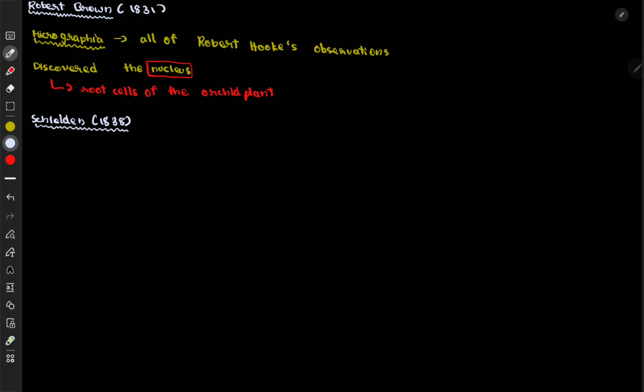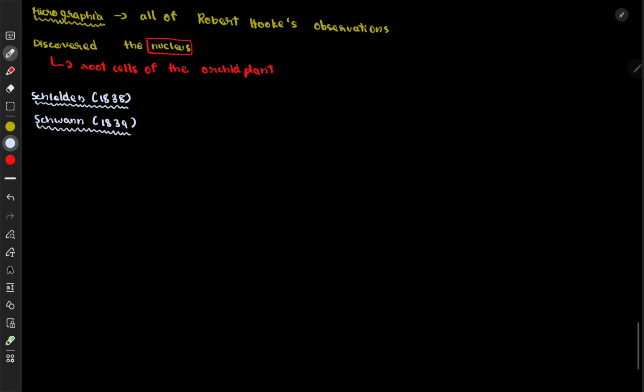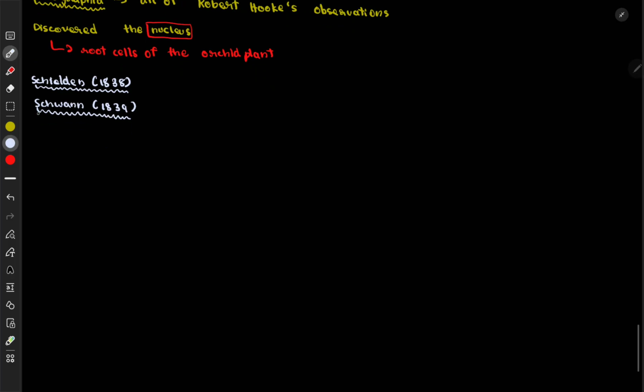Then we have Schwann from 1839. Between these two there was only a 1 year gap. But later came one more person called Virchow, Rudolf Virchow, from 1855.